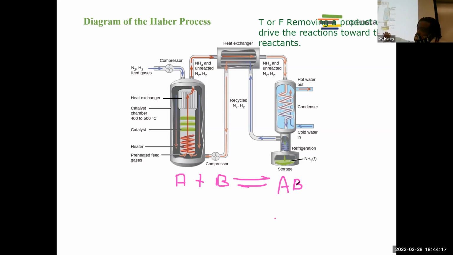So if I dump more of this in, it's going to do what? Drive it the other way. It's going to drive it towards the reactant. Okay. Does that make sense?